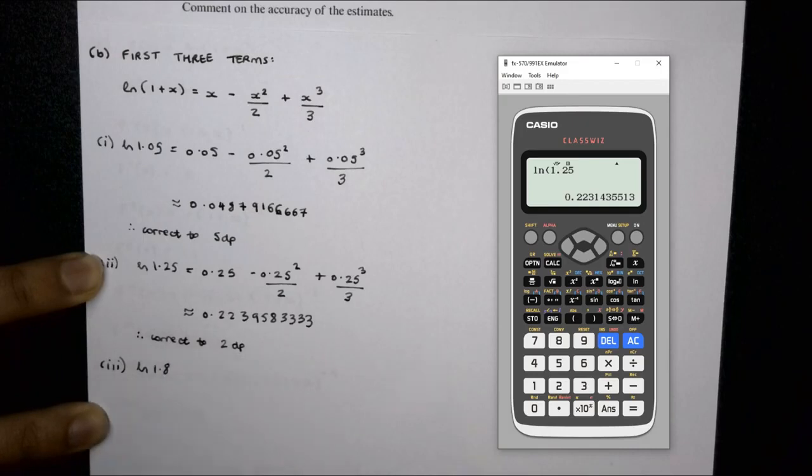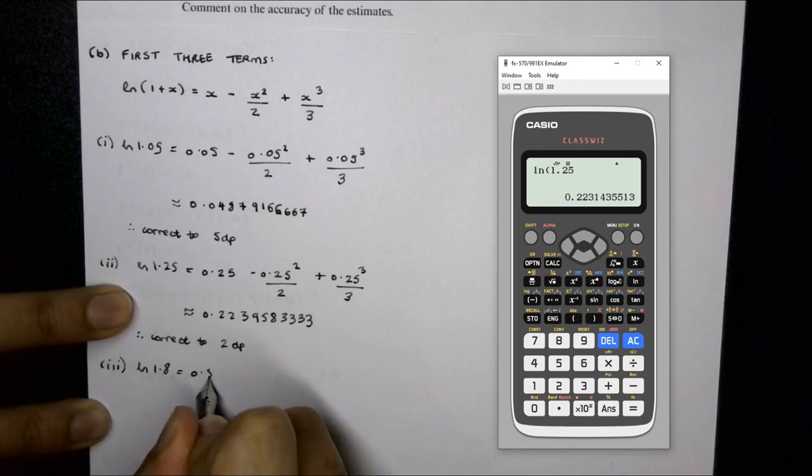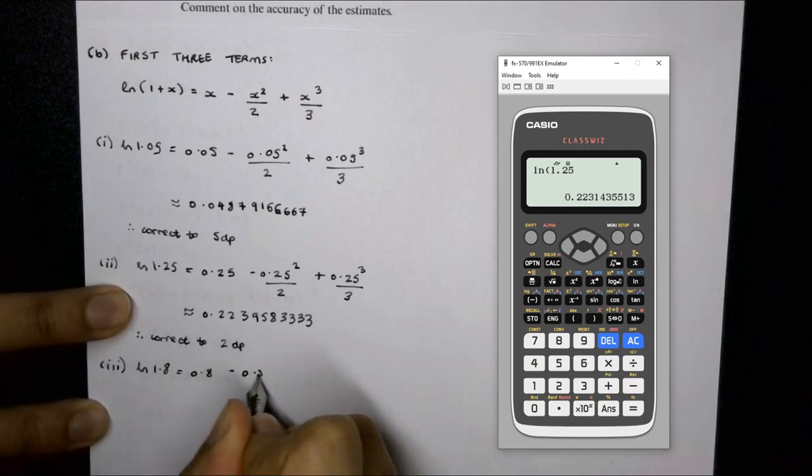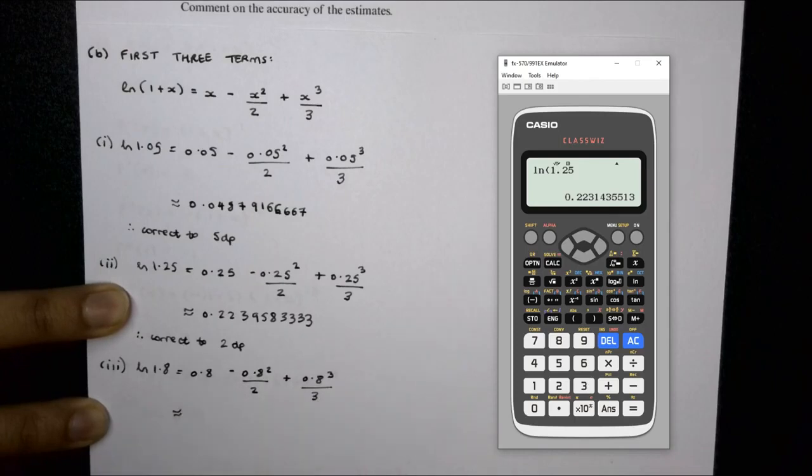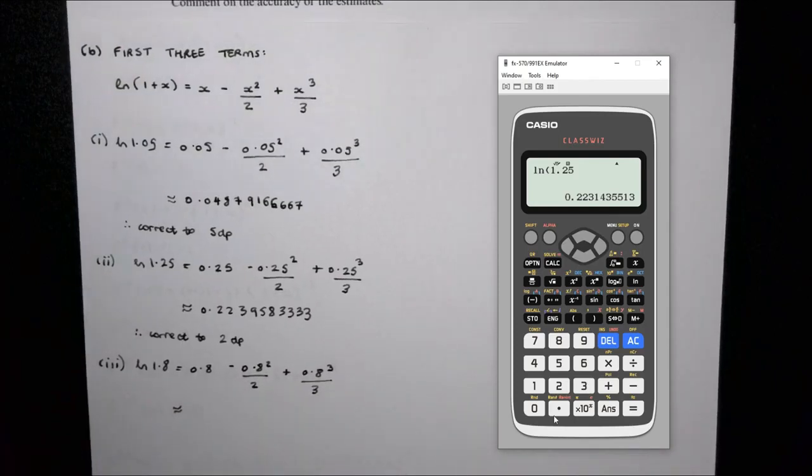And finally, if we work out the natural log of 1.8, clearly x is equal to 0.8. So here we get 0.8 minus 0.8 squared divided by 2 plus 0.8 cubed over 3. So if we work this out, we have this answer minus this answer squared divided by 2, and then we add on this answer cubed over 3.